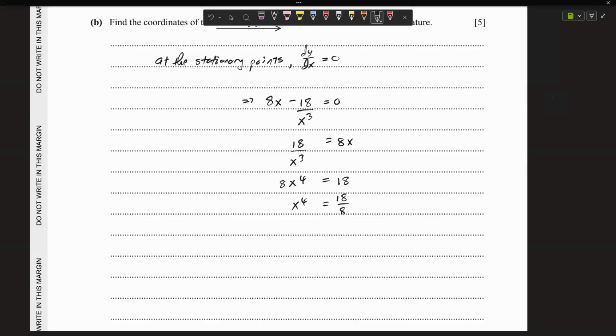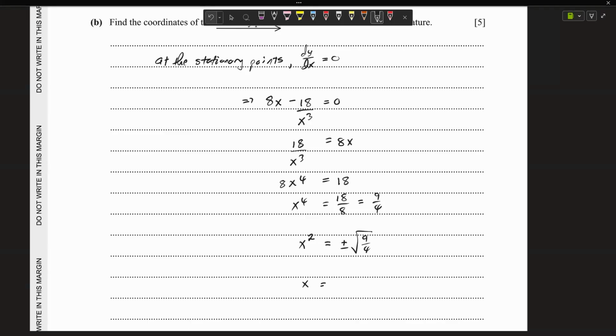And 18 over 8 is the same as 9 over 4, which means x is the fourth root of 9 over 4, right? Let's put it this way. Maybe that can be a much better way to do it. We can say here that x squared is equal to plus or minus the square root of 9 over 4, right?